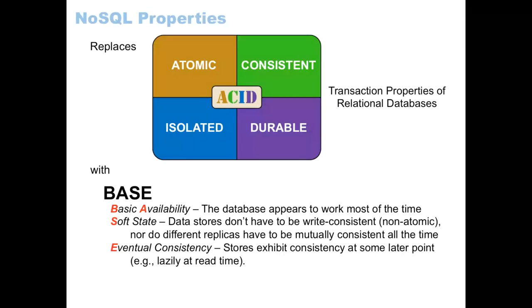Soft state: data stores don't have to be write consistent, nor do different replicas always have to be mutually consistent. And eventual consistency: given enough time, consistency will propagate through the database so that if you leave it alone for a while, eventually all the information in the database will be consistent.